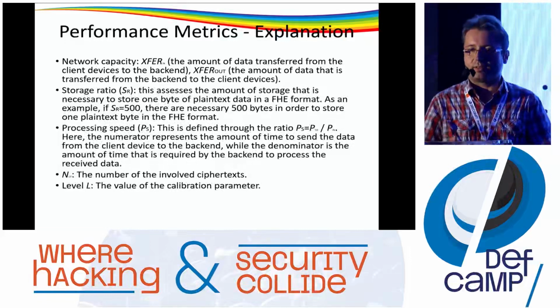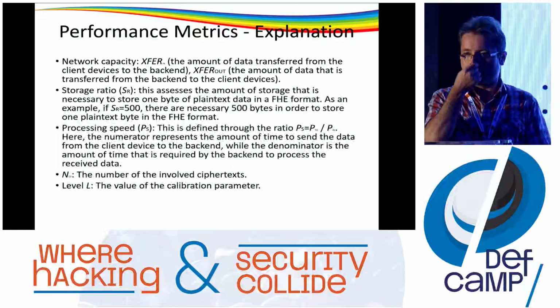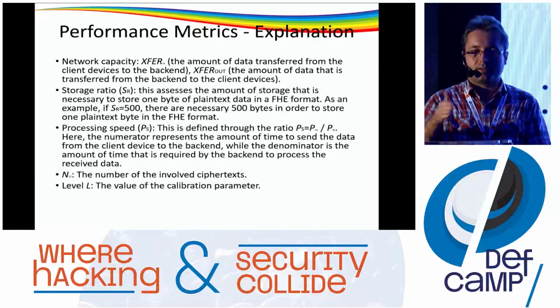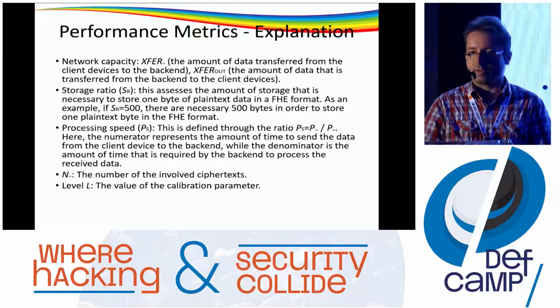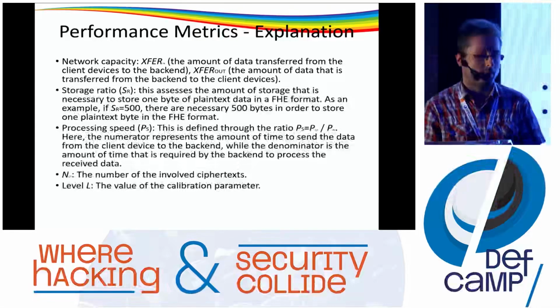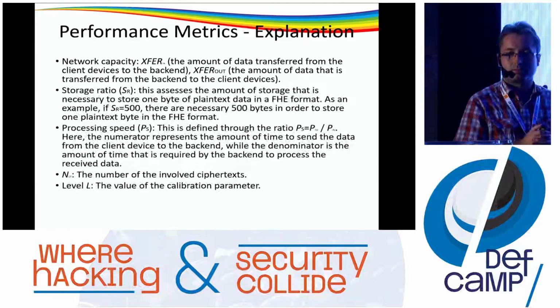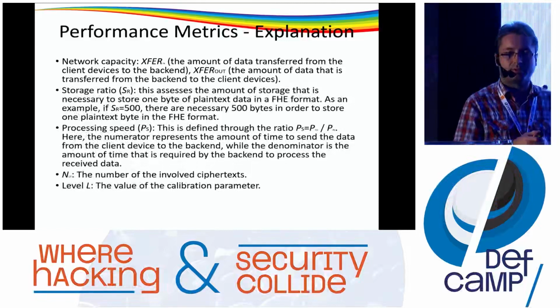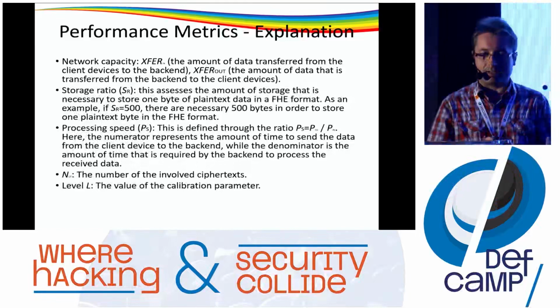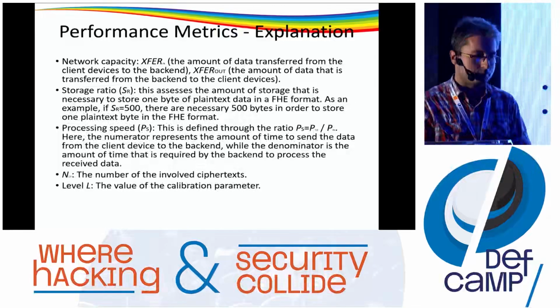Let us recall that this NCT parameter refers to the number of bits that we use to encrypt the data that is being gathered by the wearables. And finally, but not the least important for sure, is the level L, which takes care of the noise.